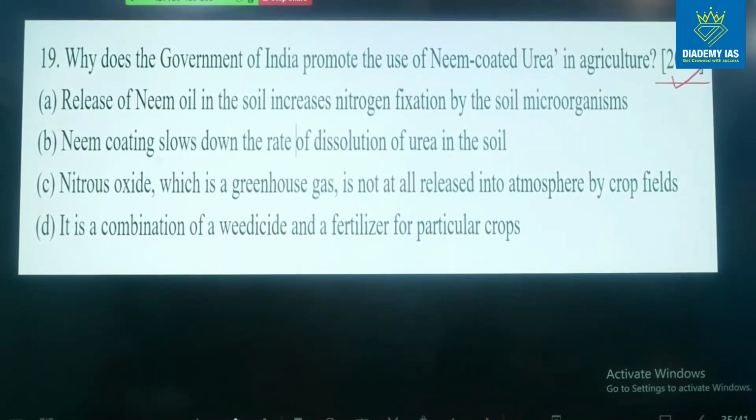I am indicating this so that you know they can ask both the government scheme related part as well as the technical part. So here the answer is: neem coating slows down the rate of dissolution of urea in the soil. So this actually reduces the requirement of urea.